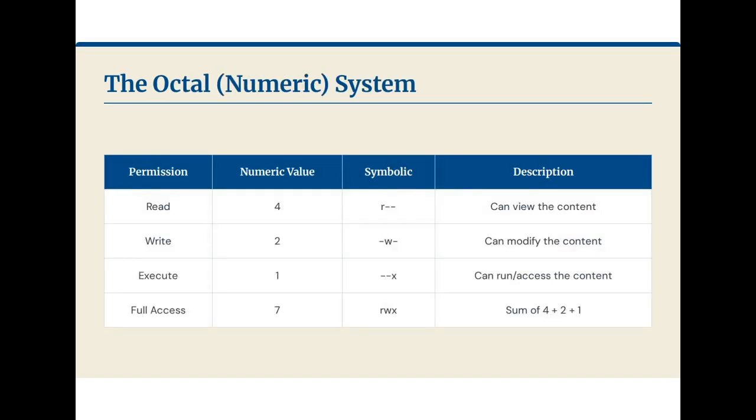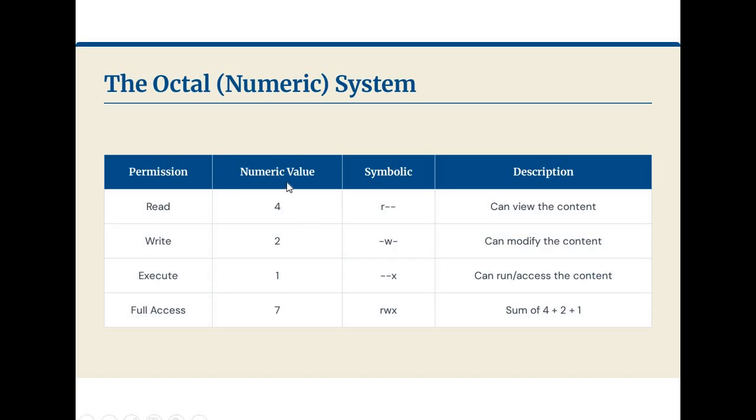If a user wants to give only read permission, he can use the numerical value 4. If a user wants to give only write permission, he can give the numerical value 2. If a user wants to give only execute permission, he can choose 1.